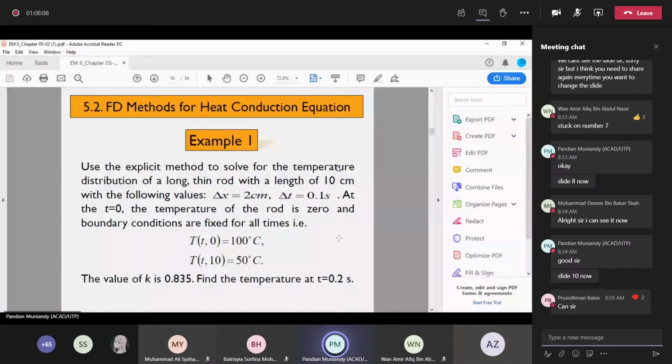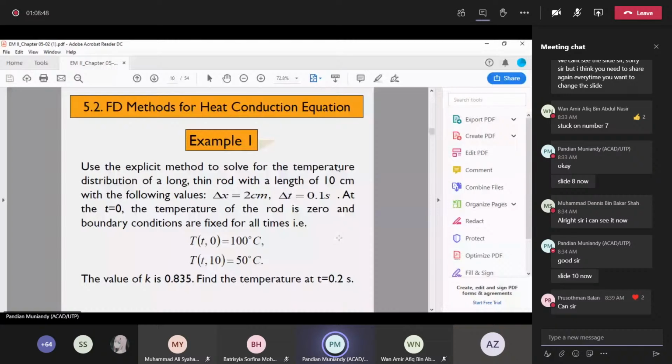So your K is 0.835, and your del X is 2 cm and your del T is 0.1 second. Now you can calculate your lambda. That is how you want to calculate your lambda. Lambda equals K multiplied by del T over del X squared.